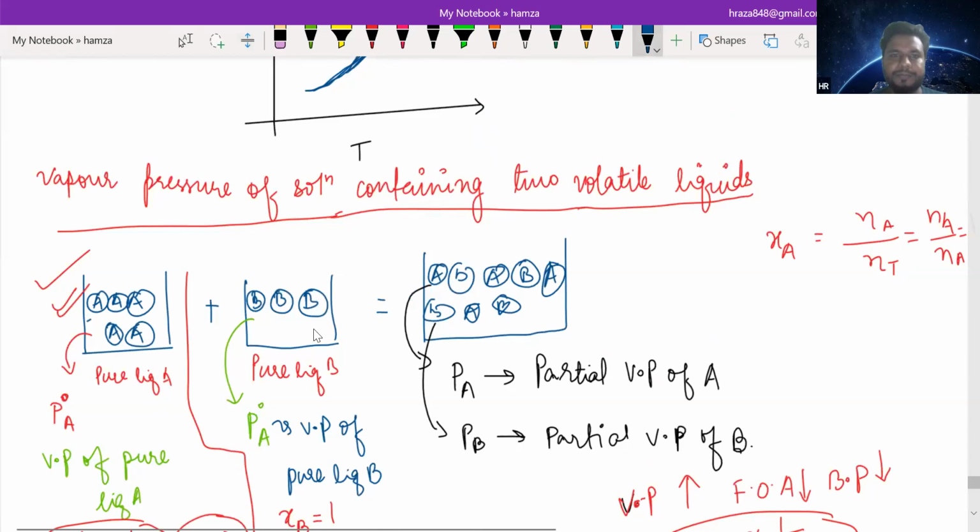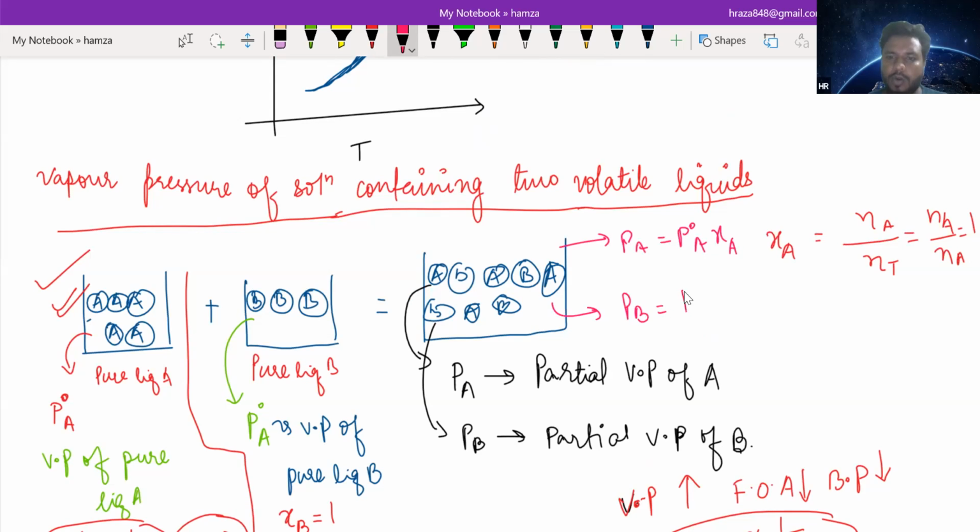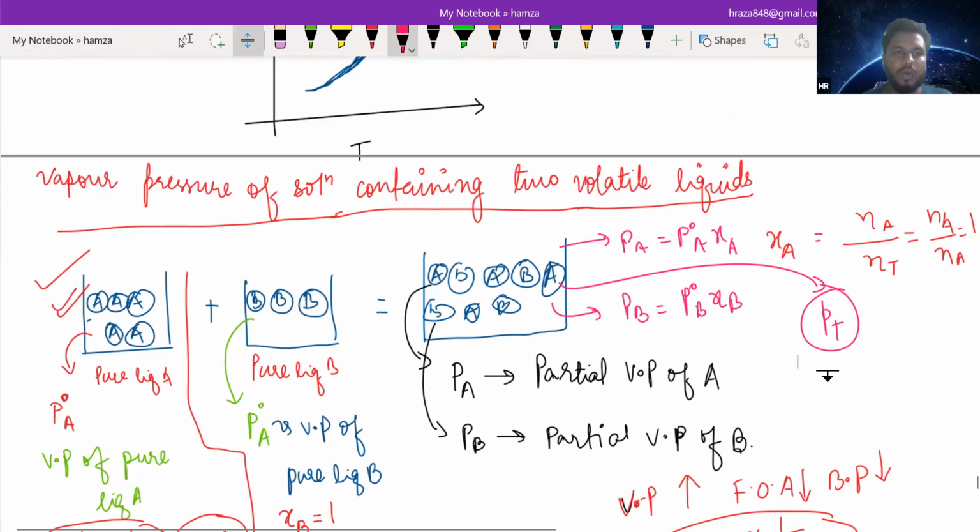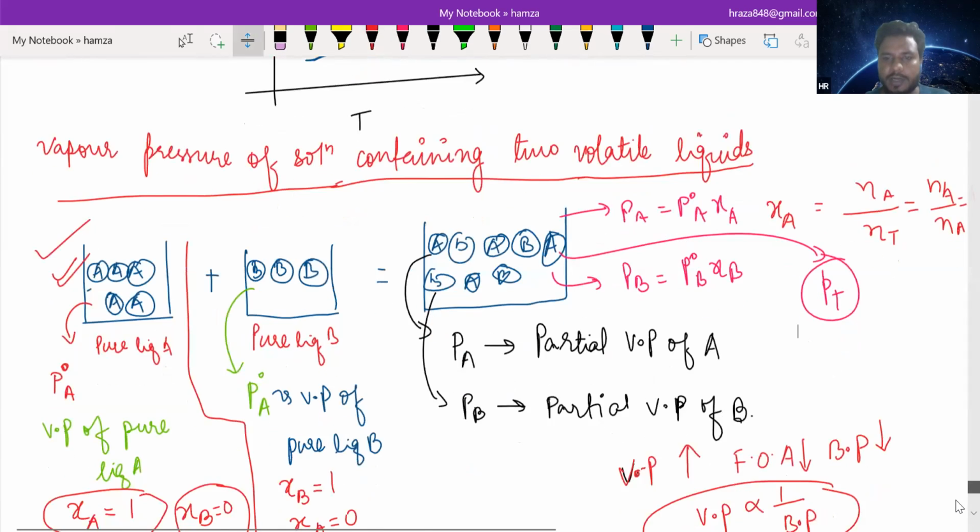In this container there will be PA equal to P naught A zeta A, and PB equal to P naught B zeta B, and there will be a total pressure PT in this container. So we are going to talk about PT, that is total pressure.